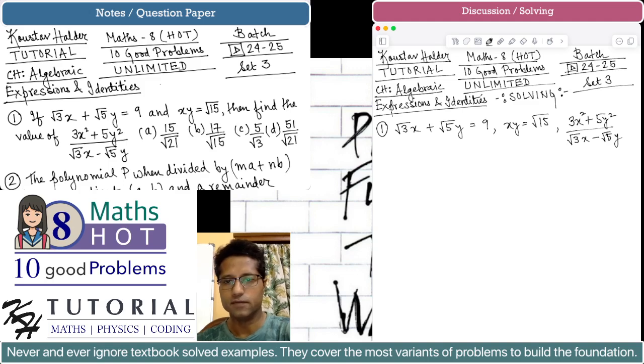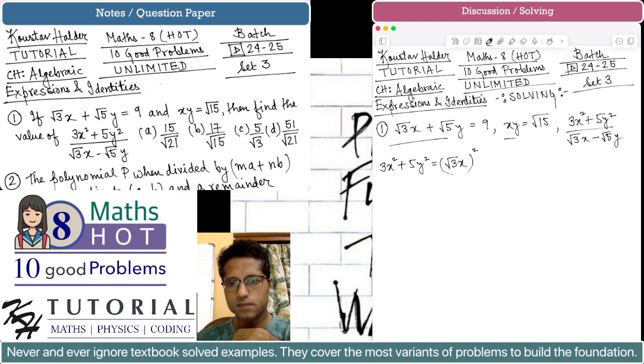Now these two facts are given. We have to find 3x square plus 5y square. Now 3x square plus 5y square is equal to the square of root 3x plus the square of root 5y.